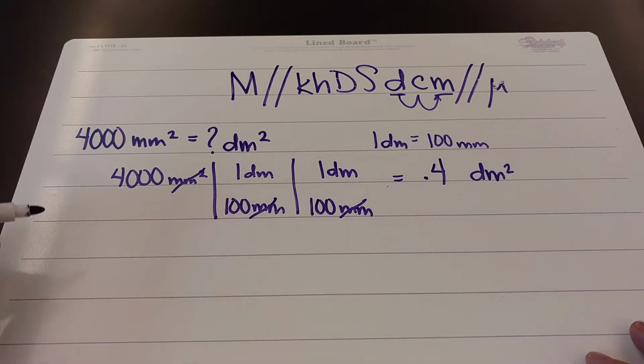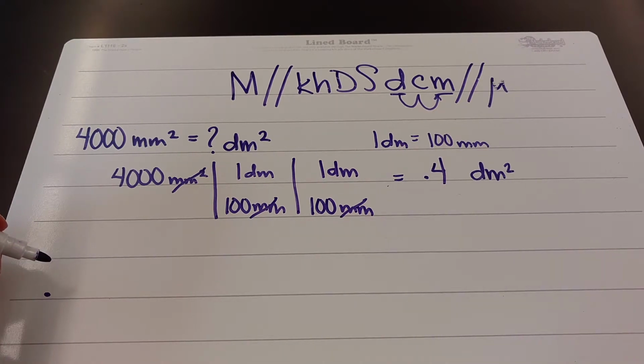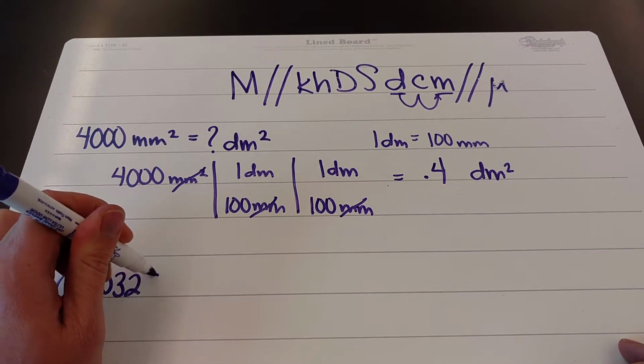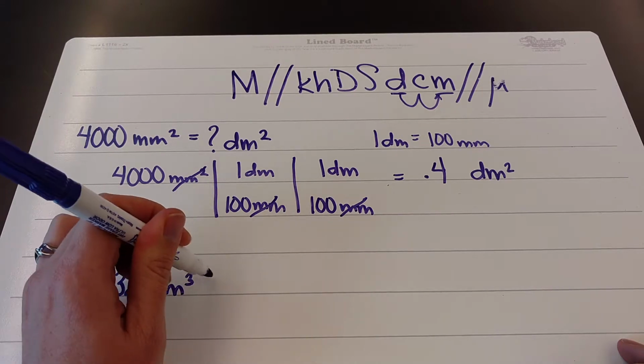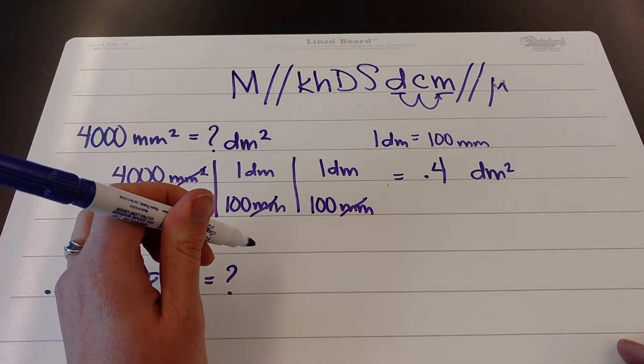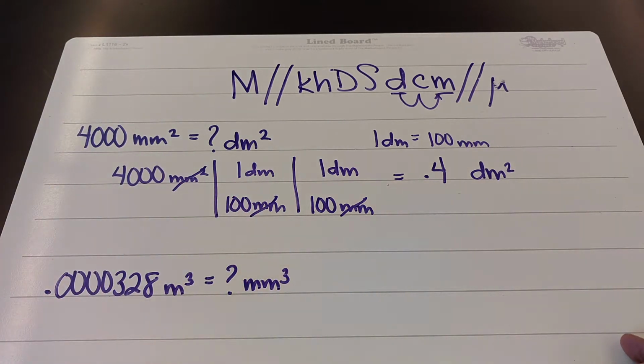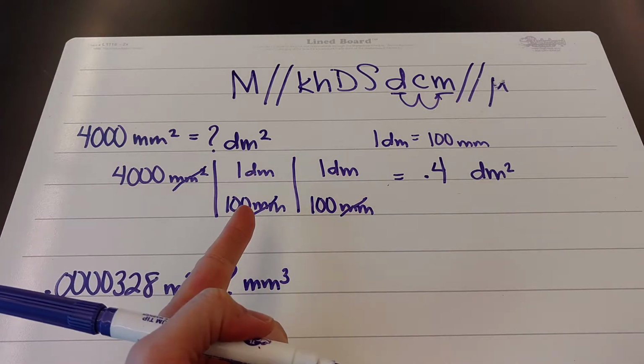Now if we're doing a cubic problem, so the other example that I had written on the front of my board was 0.0000328 meters cubed is how many millimeters cubed. Okay? Cubic, very similar. We're going to get a relationship.